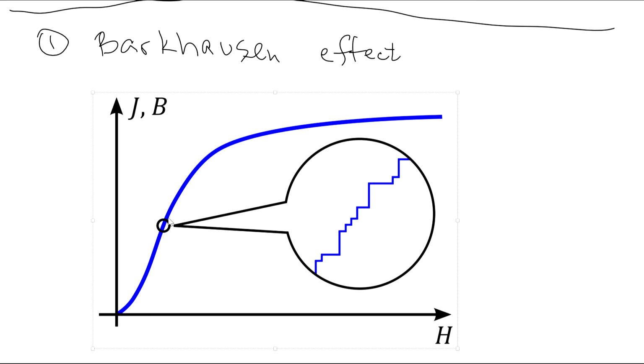If you zoom in to the hysteresis curve, you see J, the magnetic moment, or B, the magnetic flux density. But if you remember, B is defined by mu naught times H plus M, and at a given magnetic field, it is magnetization that mainly contributes to B.